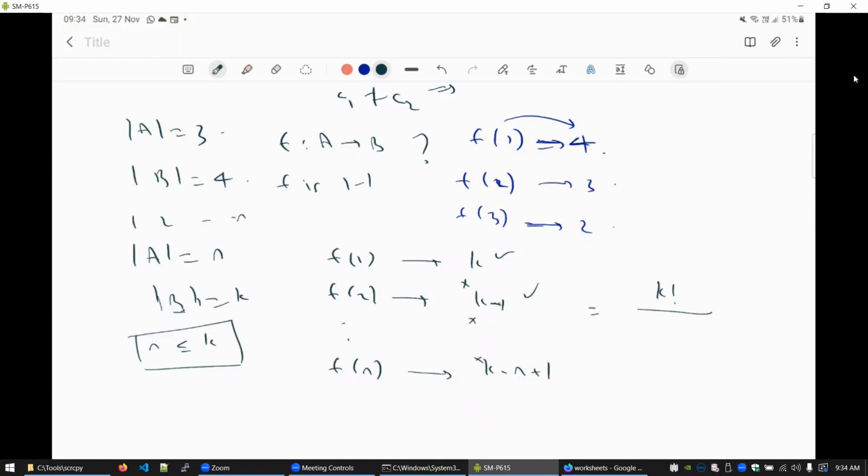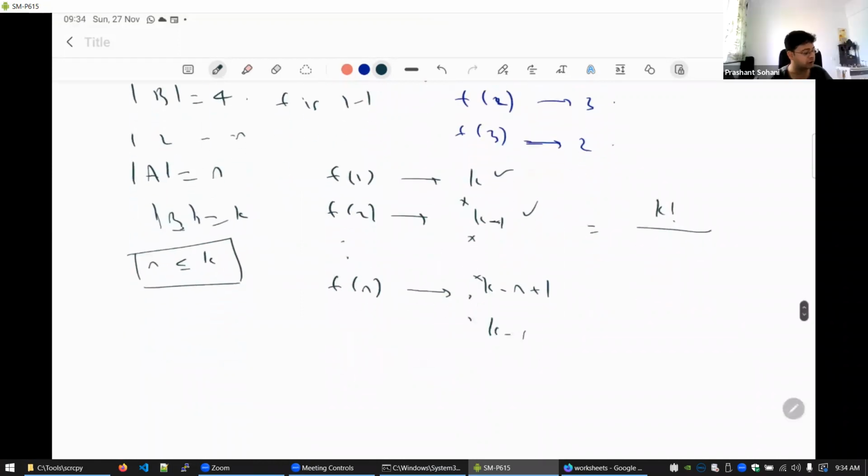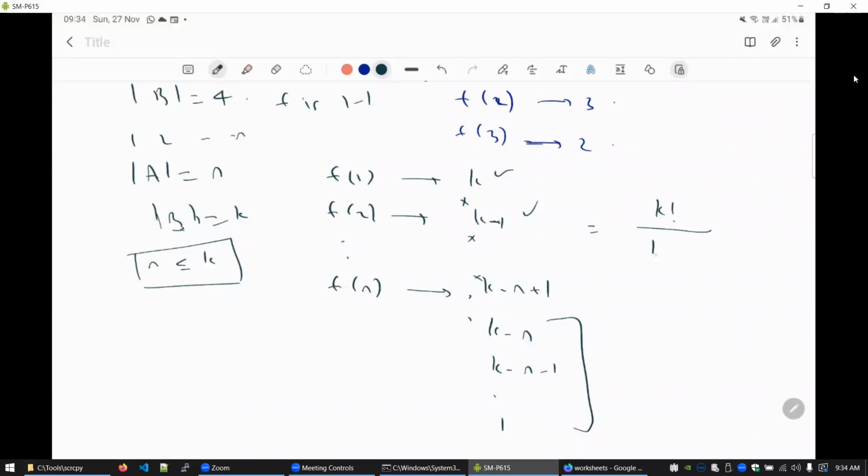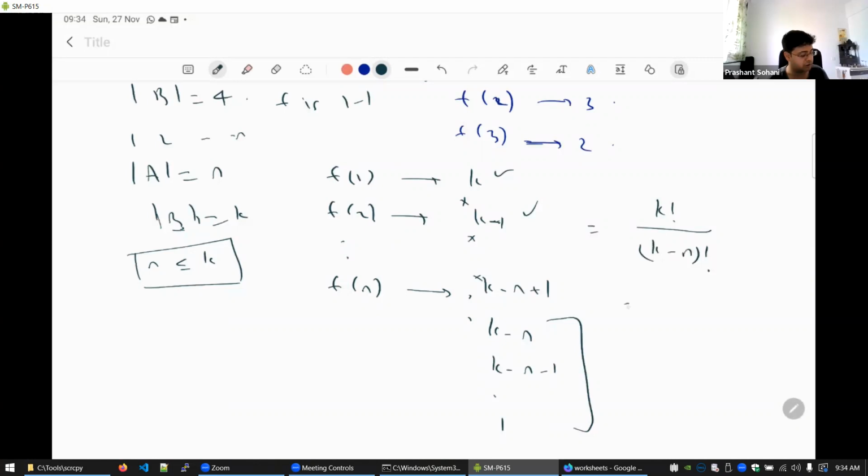Why k minus n factorial? Because if this series continued, the terms after that would be k minus n all the way down to 1, and we don't want to include this part, so we have to divide by that. So this will be kPn, which is the number of ways to arrange n elements out of k elements.